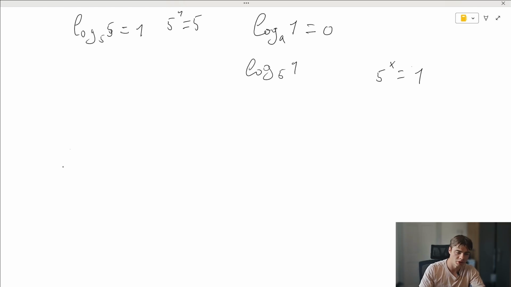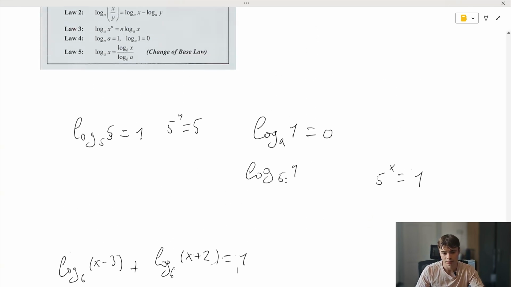Let's try to solve an equation using the laws of logs. Log of x minus 3 base 6 plus log of x plus 2 base 6 equals to 1.